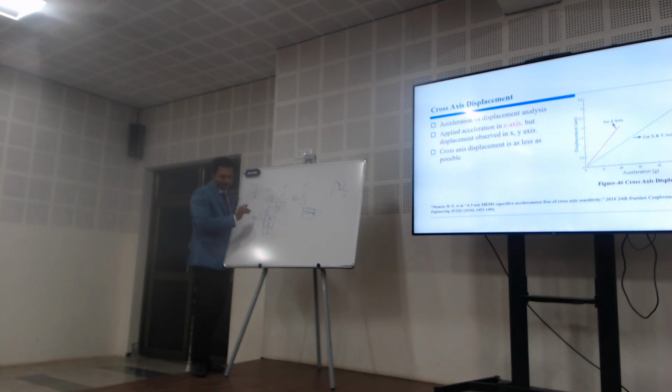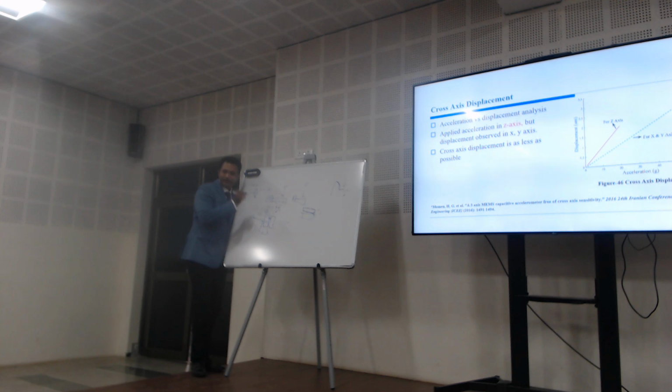But whenever any bending is coming, exact change we won't get. Yes or no? Then while we are simulating or doing mathematical parameters, we are considering only this thing. We are not considering this thing.